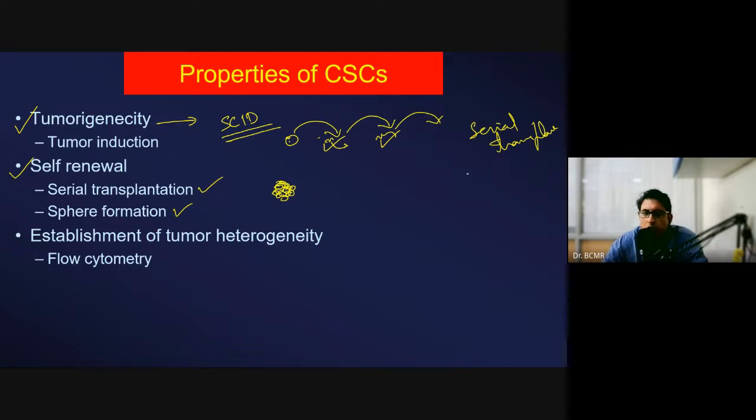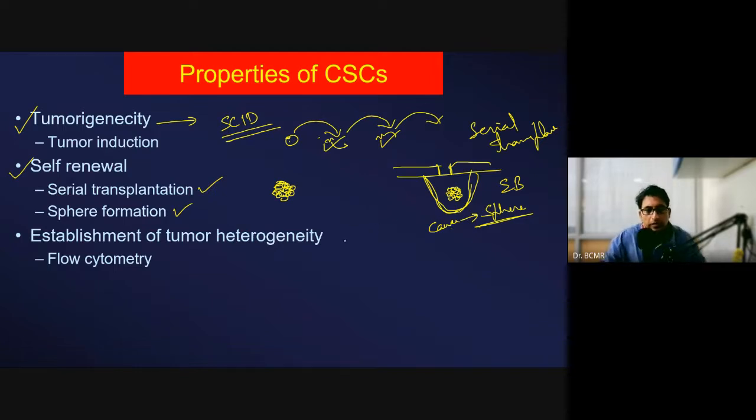If you remember, when we were discussing the hanging drop method, there were nice new technologies where there are pores, and this is the hanging drop, something like this, and cells can clump together and form spheres. We discussed it with regard to embryoid bodies, but similar techniques can also be used for sphere formation. We call it a sphere here because it is forming from cells that belong to the cancer.